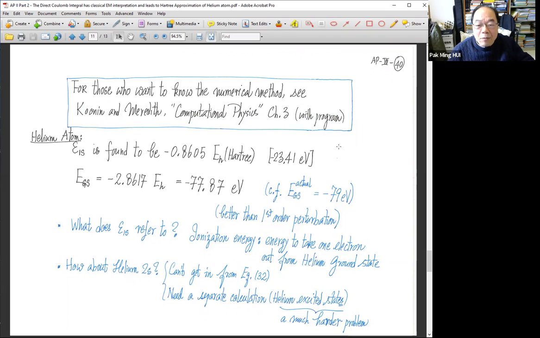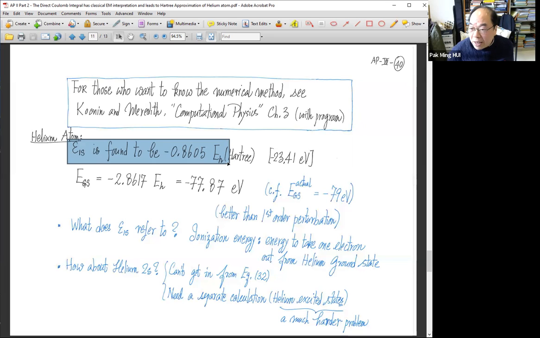So now I would like to claim the results. After you do all this calculation, epsilon 1s is found to be minus 0.8605 Hartree. So it's about minus 23 eV.